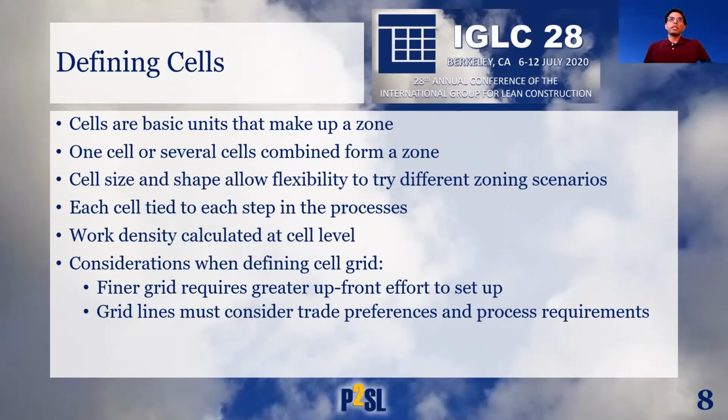Depending on the phase of the project, the people involved and the rationale for defining cells will vary. With unit cells defined, work density calculations then require the production rate and the product quantities tied to each cell for each step in the process.